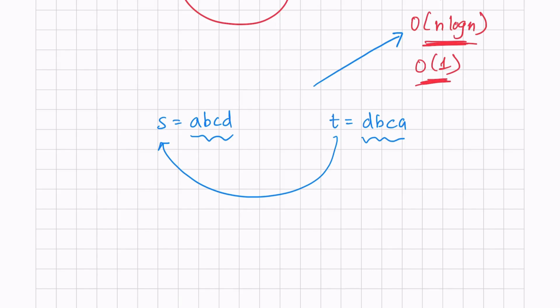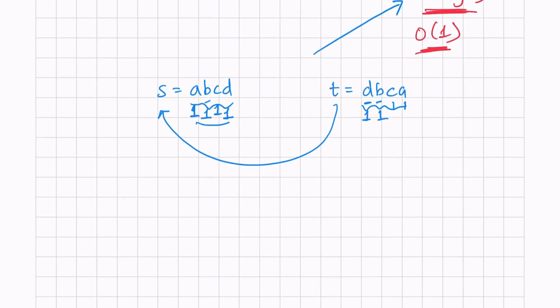So for example, if there's one D in T, there should also be one D in S. If there's one B in T, there should be one B in S. And if there's one C, there should be one C in S. If there's one A in T, there should be one A in S.